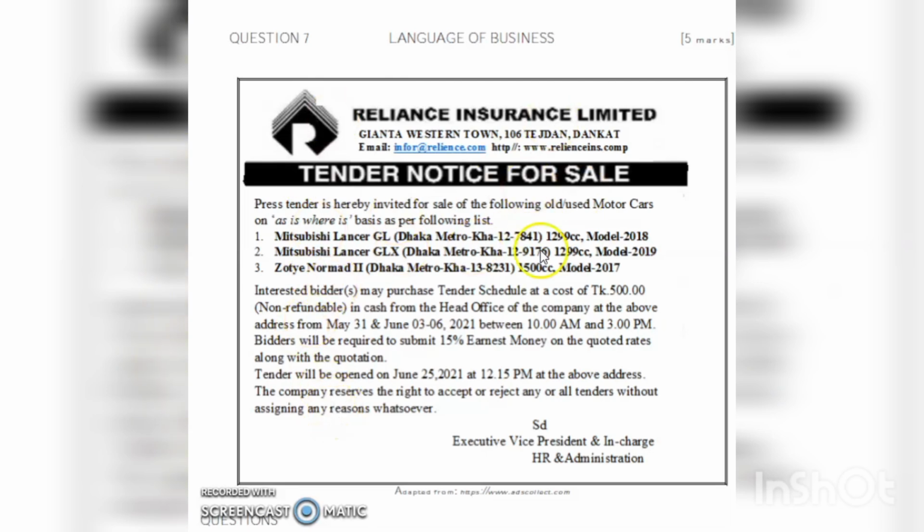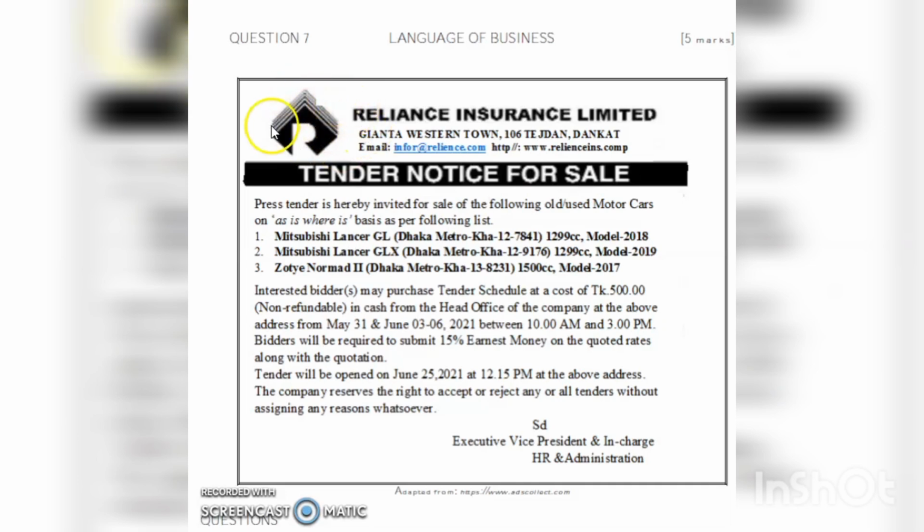So we have a lot of features going on. First of all, let's look at our linguistic features. You've got business phrases, "as is, where is." You've got jargons, "sale," "tender." There are a lot of non-linguistic features.